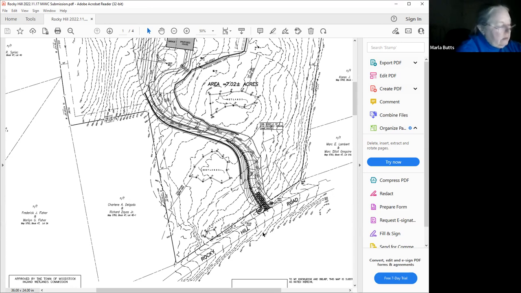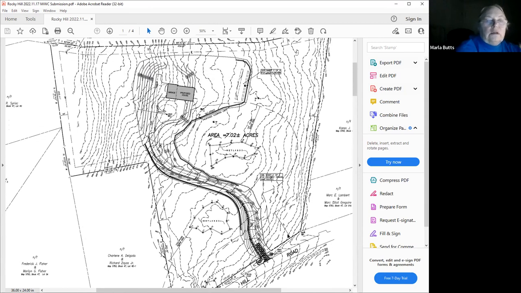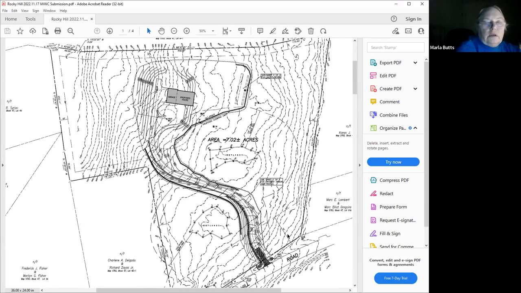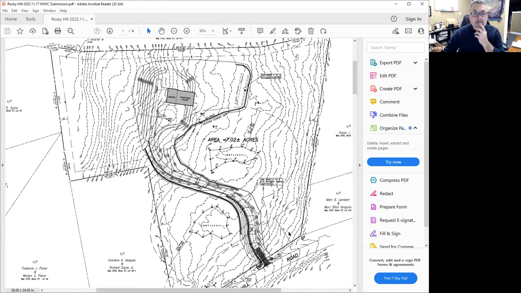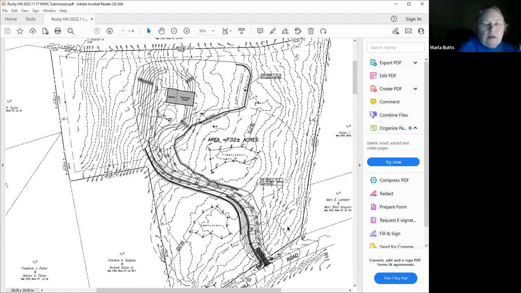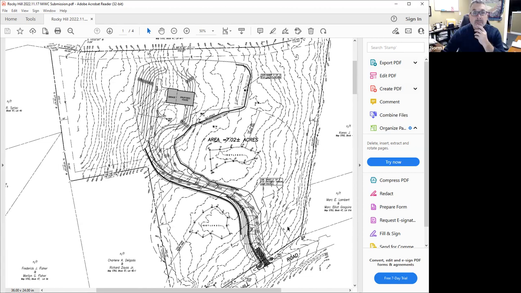And the other question that I have is I noticed there's quite a bit of cutting and filling to make a flat spot for the house, even though most of it is not in the upland review area. Are they planning on importing fill, or is this going to be simply a balanced cut and fill? Yeah, it'll be a balance. Everything on the west side, this is all cut here, and we have some fill here.